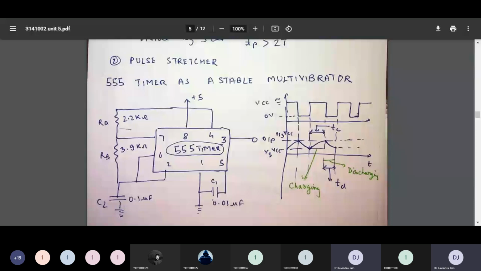When voltage across C is equal to 1 by 3 VCC, comparator 2 output triggers the flip-flop and output switches to high. Next point, cycle repeats itself.